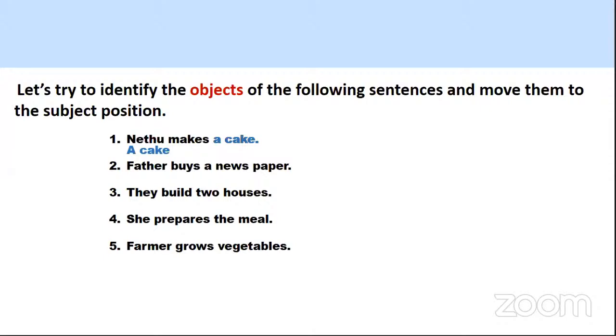Father buys a newspaper. What is the object here? A newspaper. Now you take it to the subject position. Once again, I would like to remind you that A should be capital.